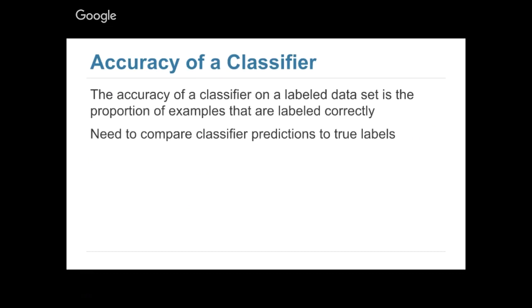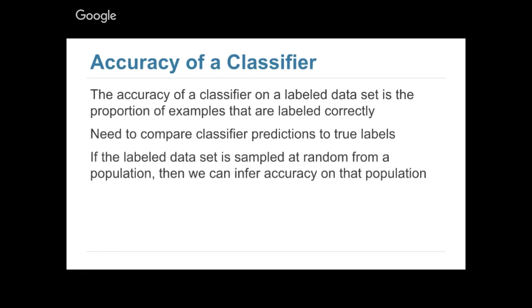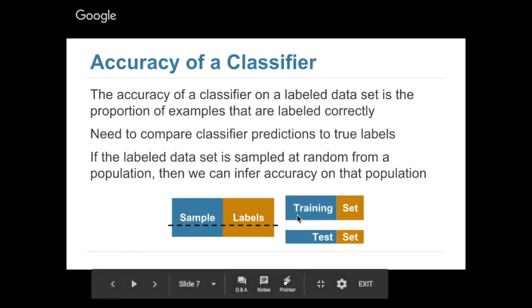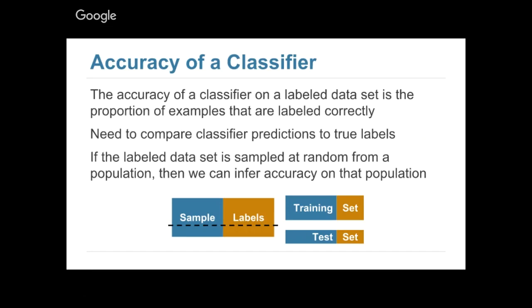All right, so we make our predictions using a test set. We make our predictions, and then we compare those predictions to the actual labels of the data in our test set. If our data were sampled at random from a population, then we can infer accuracy on the population. So this is why we split up our data into training and test, because our training set was used to make our classifier.